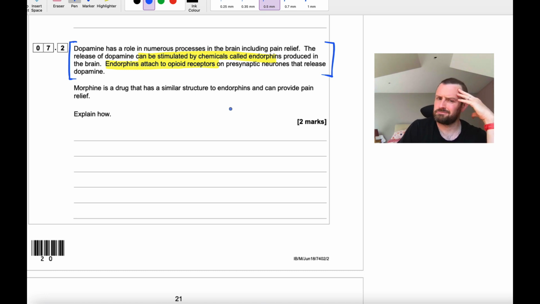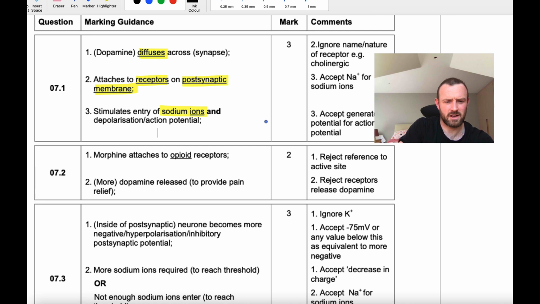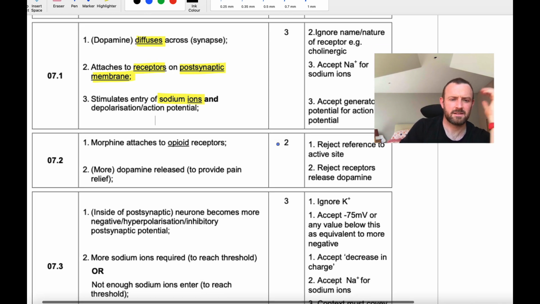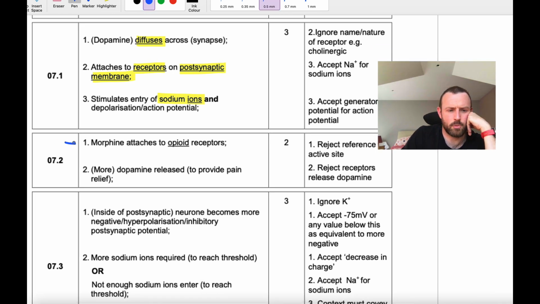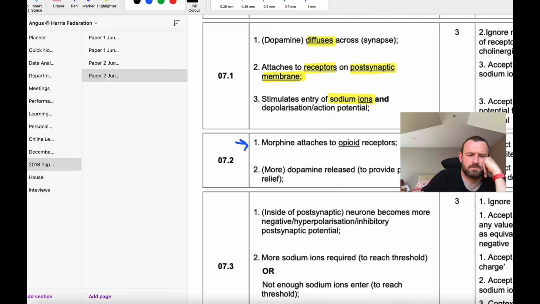That then provides pain relief. Is that it? It feels a bit like not enough. Yeah, that is it. So morphine attaches to the opioid receptors because it has the same shape, and therefore dopamine is released. Okay, yeah, that's pretty simple.